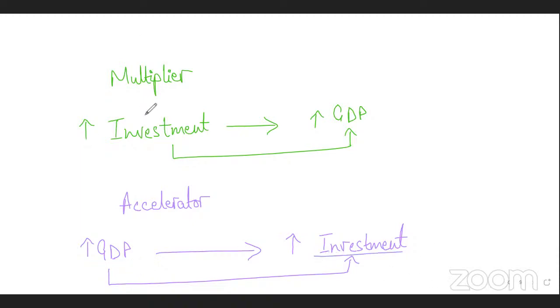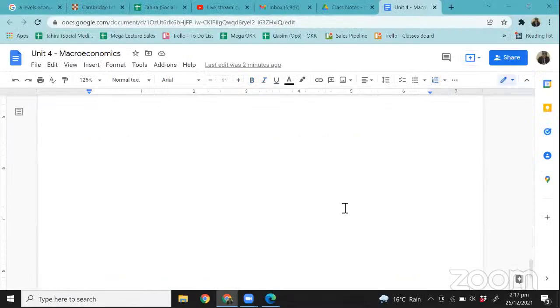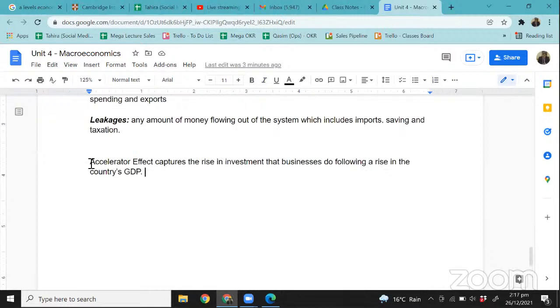Now, to give you an explanation, and then we move forward from here: the accelerator effect captures the rise in investment that businesses do following a rise in the country's GDP. Now, what's the reason for that?